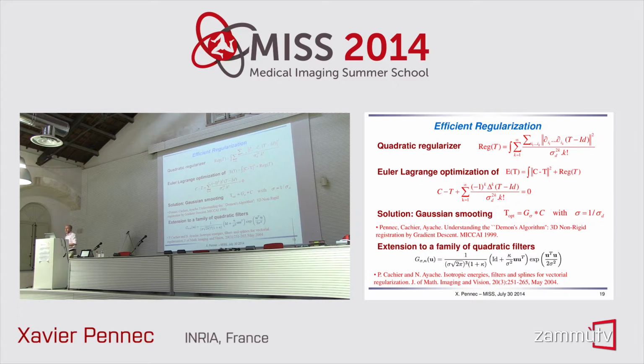Okay, now the second part of the optimization is the regularization. And what I told you is, instead of taking just the norm of the gradients of the displacement field or second order derivative, we're going to choose something more complex. We're going to choose a formula which is R4, so you don't have to read it.